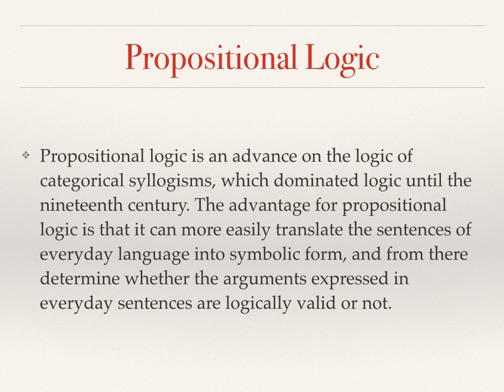Propositional logic is an advance in the logic of categorical syllogisms, which dominated until the 19th century. The advantage for propositional logic is that it can more easily translate the sentences of everyday language into symbolic form, and from there determine whether the arguments expressed in everyday sentences are logically valid or not. As you'll recall from the categorical syllogisms, we had to put categorical syllogisms into their proper form.